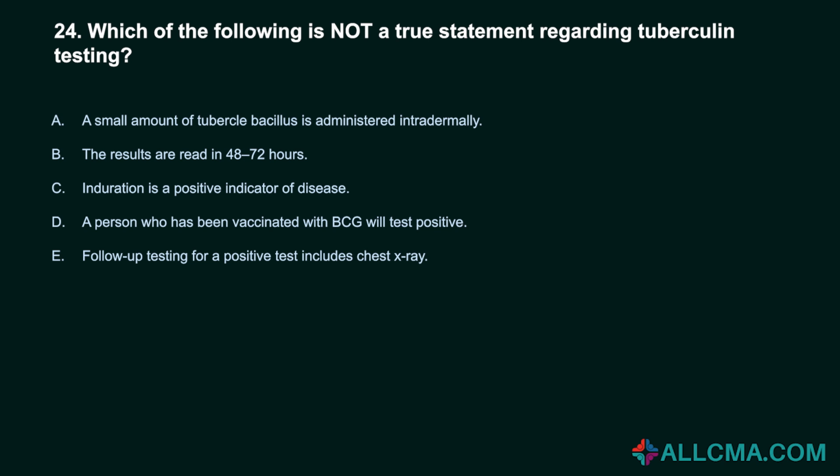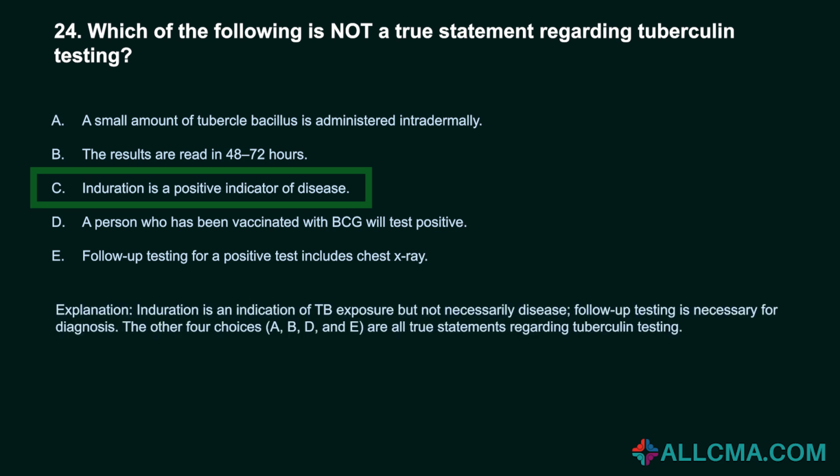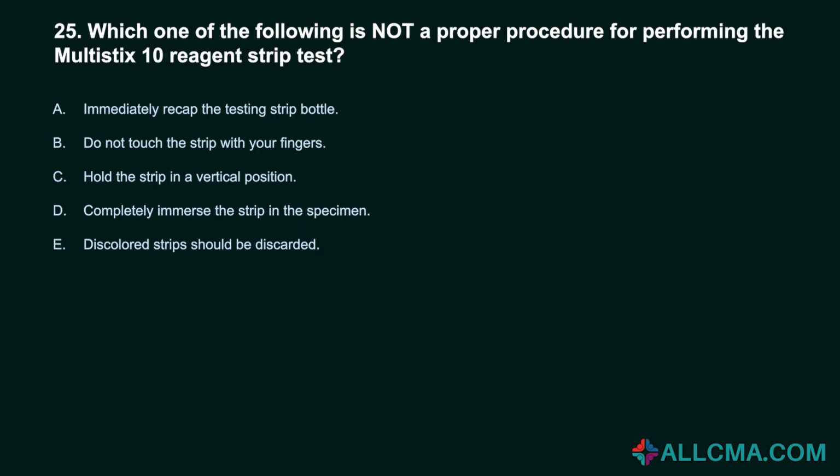E. Follow-up testing for a positive test includes chest X-ray. Correct answer, C. Induration is a positive indicator of disease. Induration is an indication of TB exposure but not necessarily disease. Follow-up testing is necessary for diagnosis. The other four choices, A, B, D, and E, are all true statements regarding tuberculin testing.